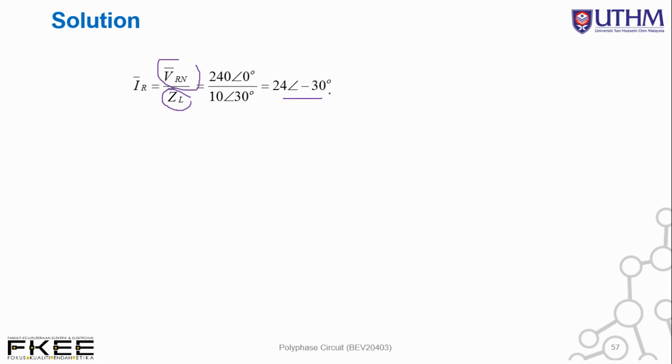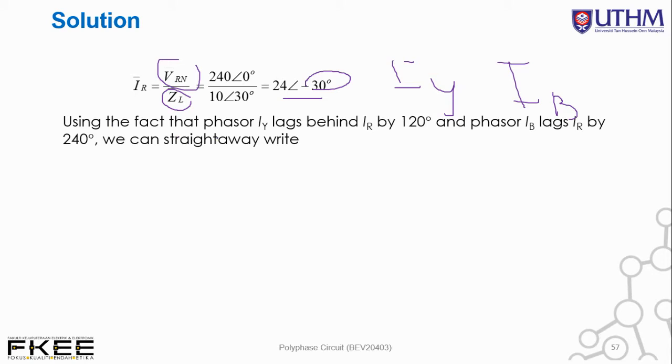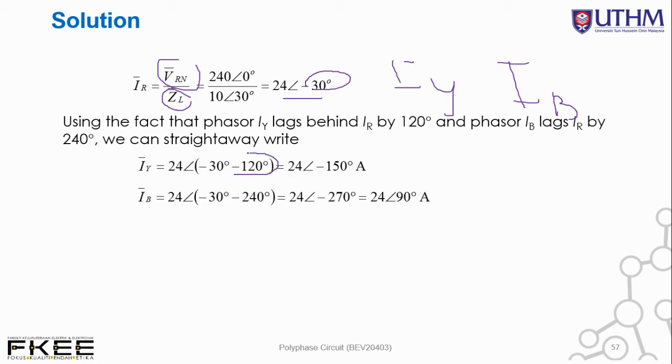So you can expect that for the rest of the phases, IY and IB, all the angles are shifted by minus 30 degrees. Using the fact that phasor IY lags behind IR by 120 degrees and phasor IB lags IR by 240 degrees, we can straightaway write it this way. Initially you have minus 120 for IY and minus 240 for IB, so you just add negative 30 for IY as well as IB.